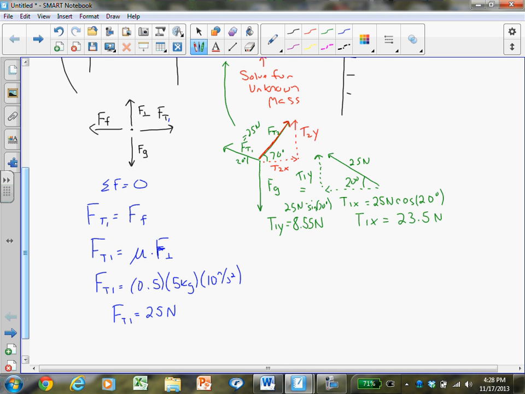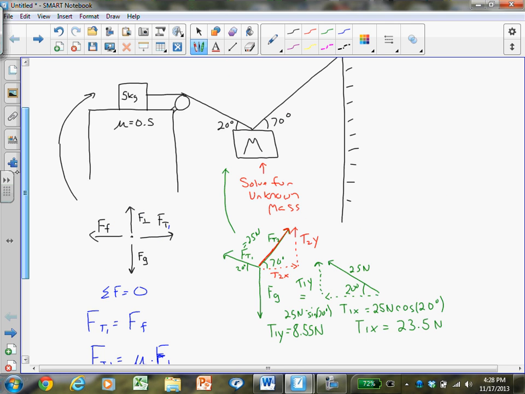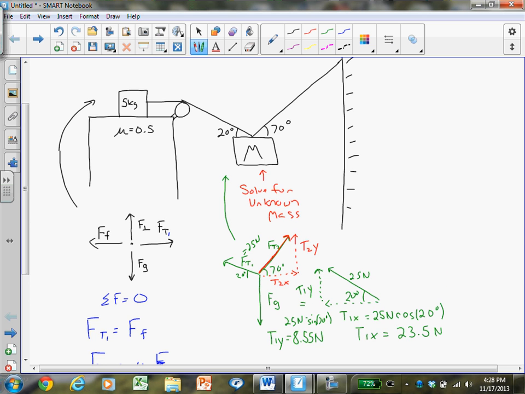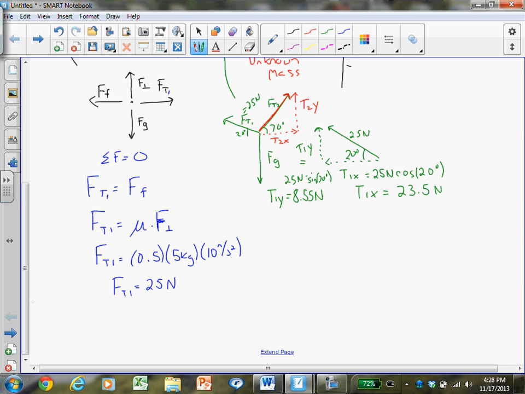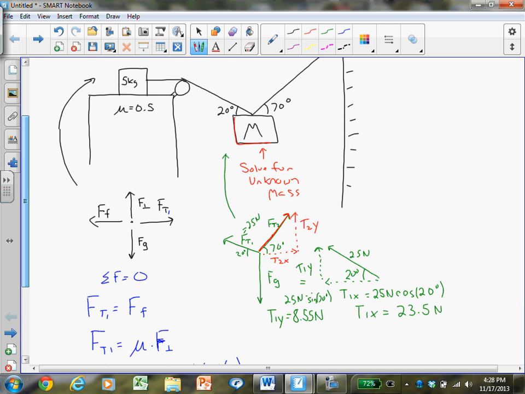Now the thing about this is that because the block in the x direction is not moving, we know the sum of the forces for this hanging mass right here in the x direction must equal 0. So T1x must equal T2x. And we found T1x. It was 23.5 newtons, so we know what T2x is as well.